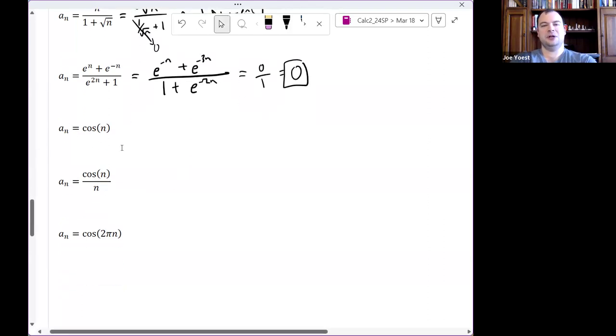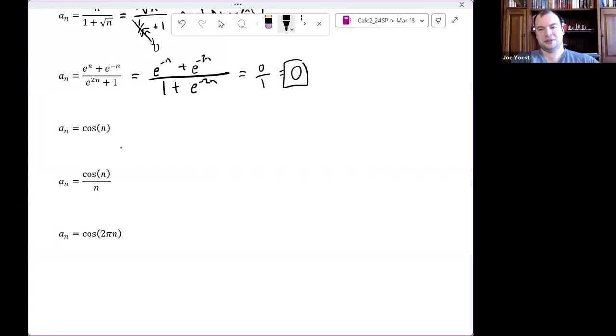What about a_n equals cosine of n? This one's actually quite difficult.